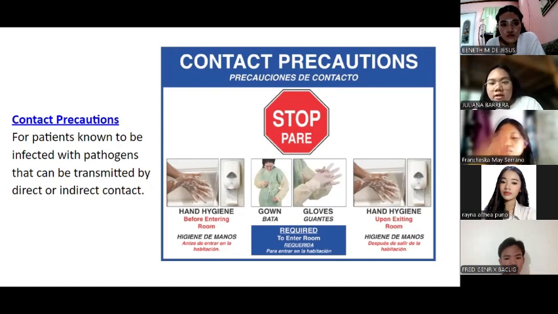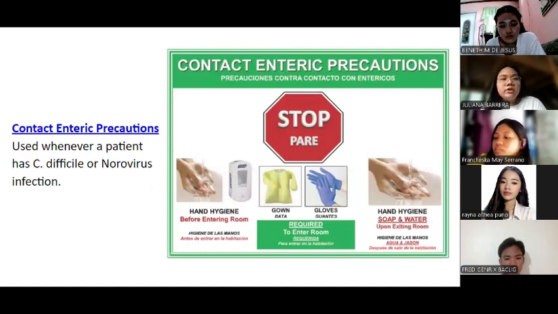Ayan. Before entering the room, dapat may hand hygiene requirement then yung gown and gloves to enter the room, and then upon exiting, you should also perform hand hygiene. Next. For contact enteric precautions naman, these are used whenever a patient has C. difficile or norovirus infection and signifies that the healthcare worker needs to use soap and water for hand hygiene rather than just an alcohol-based product.